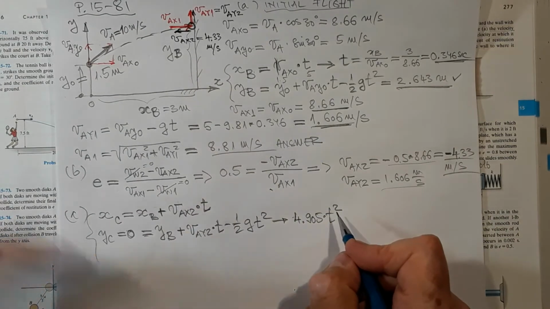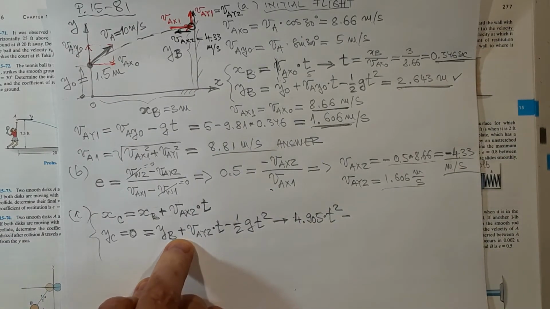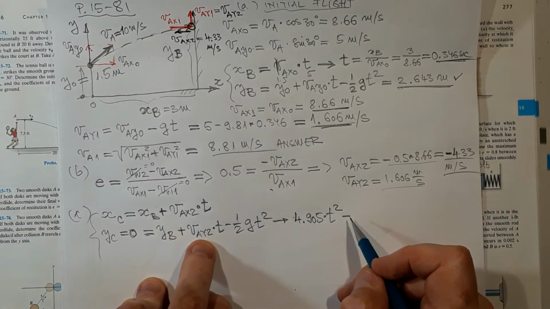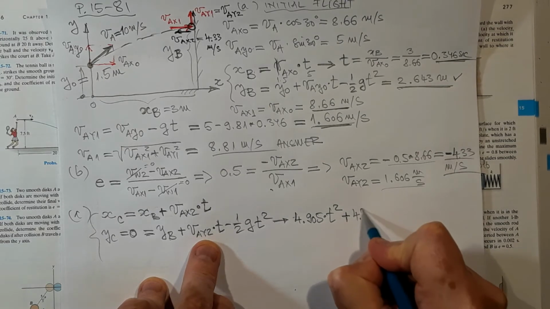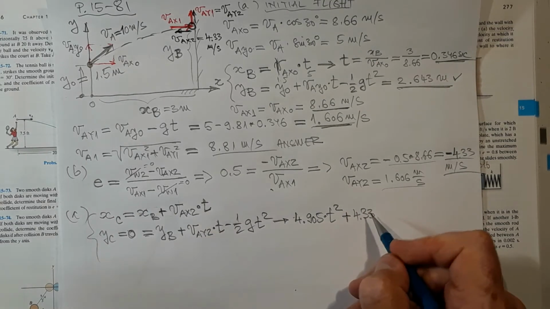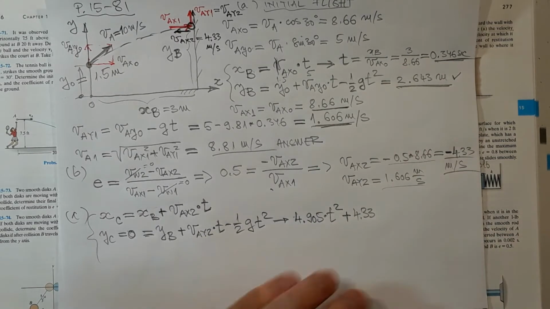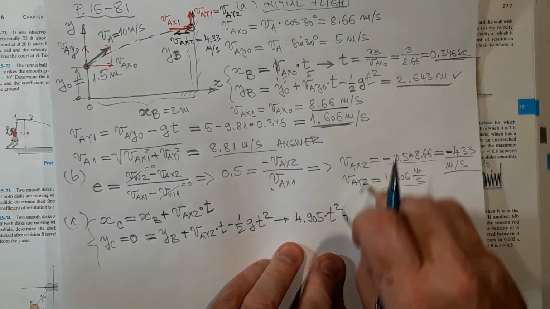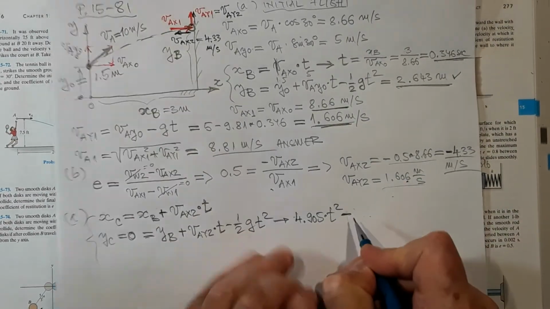Then I have the velocity of AY2, that's positive 1.606, times t, and it ends up negative by moving it to the right.